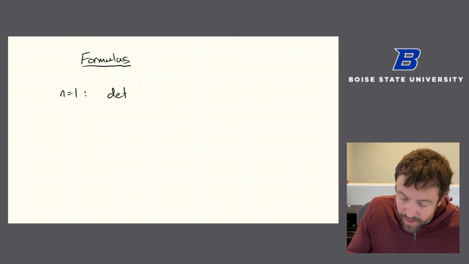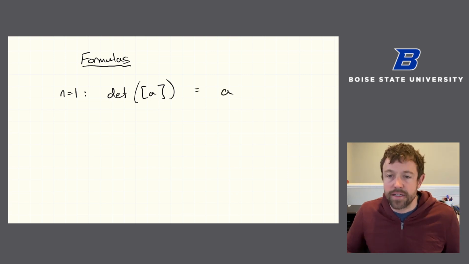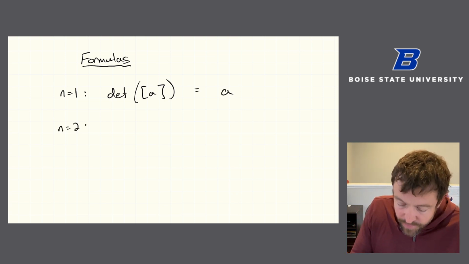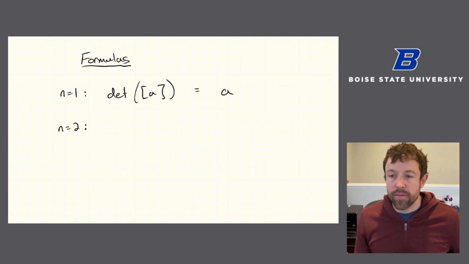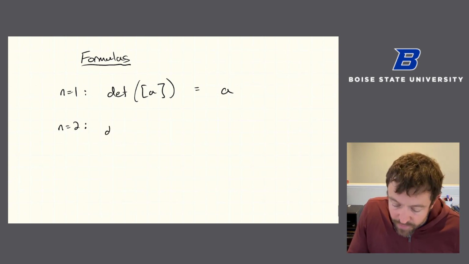the determinant of the matrix A is just A, right? It's just the individual entry. For n equals 2, the 3Blue1Brown video both presents this formula and gives a nice explanation visually in terms of parallelograms for why it's true. So I recommend going back to that determinants video if you want to see why this is true.